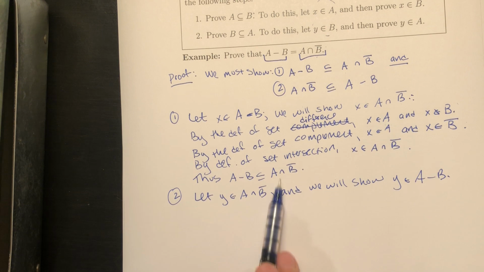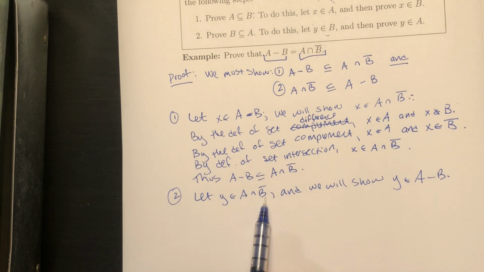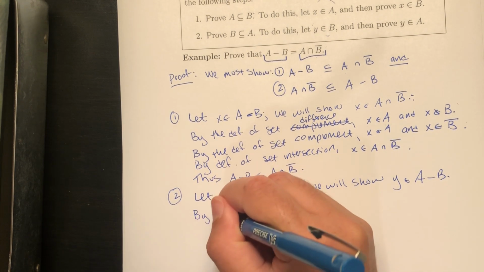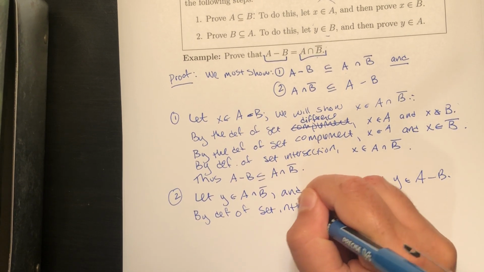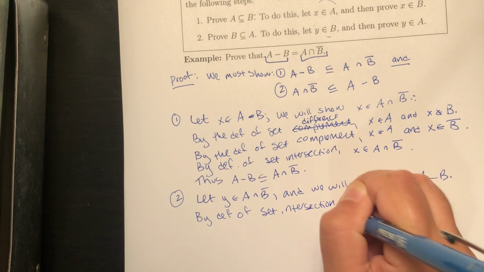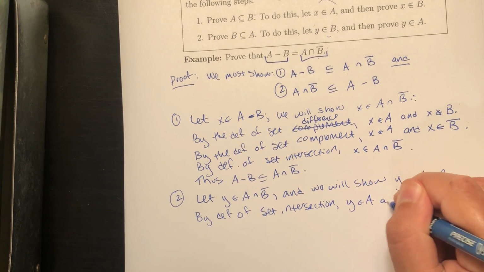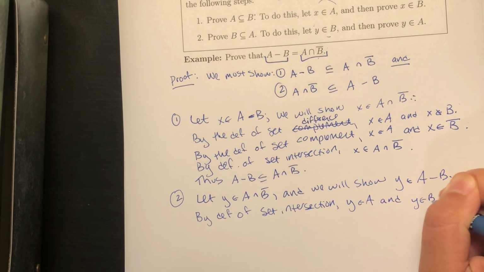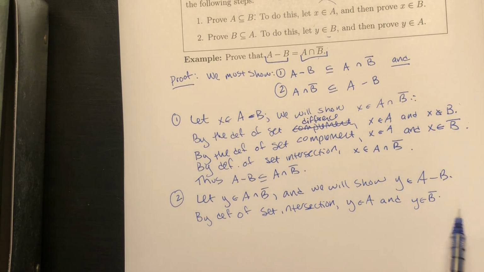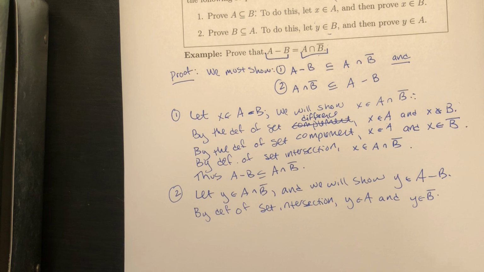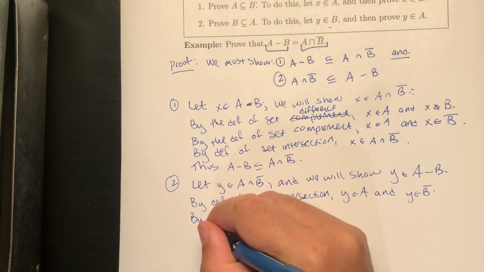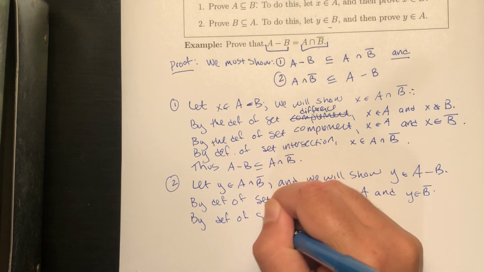All right, we have that y is an element of A intersect B complement. By the definition of set intersection, this means that y is an element of A and y is an element of B complement. Okay, we're trying to get to A minus B, so let's turn this statement here into a statement that doesn't have a B complement and instead has a B. That's just the definition of set complement.